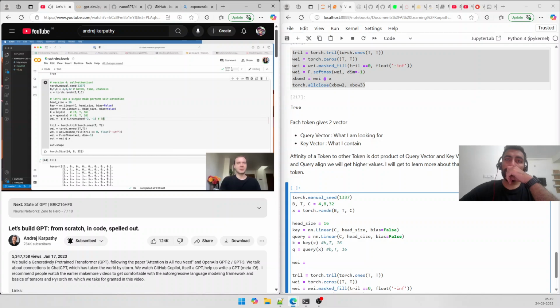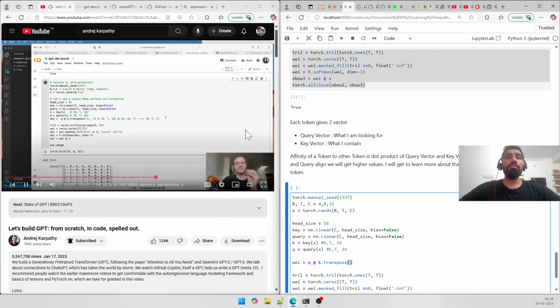We'll basically do the following. B by T by 16 matrix multiplies B by 16 by T to give us B by T by T. So for every row of B, we're now going to have a T-square matrix giving us the affinities.